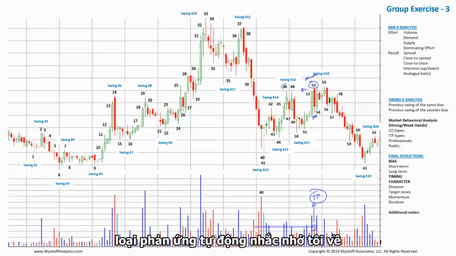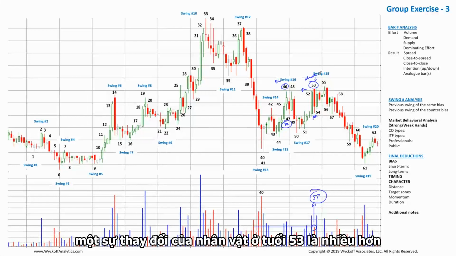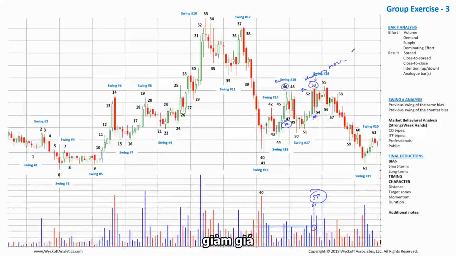Kind of reminds me of 46 as a buying climax and then 47 as an automatic reaction. So again, we are comparing these bars of these two areas using the analogs. And we're seeing that the change of character at 53 is more bearish than the change of character at 47.